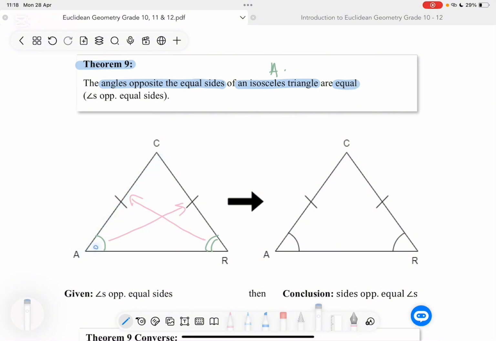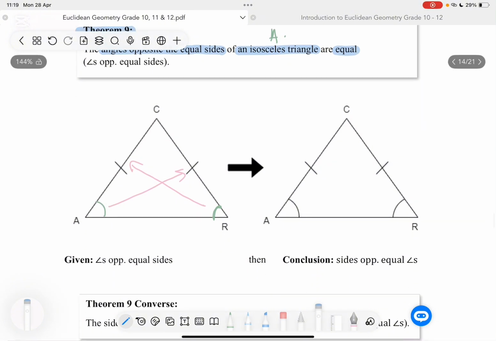So we are saying that these angles that are opposite to the equal sides of this isosceles triangle must be equal. In fact, I'm making a mistake here. I should put only one line here to show that actually these angles are equal. They're exactly the same.